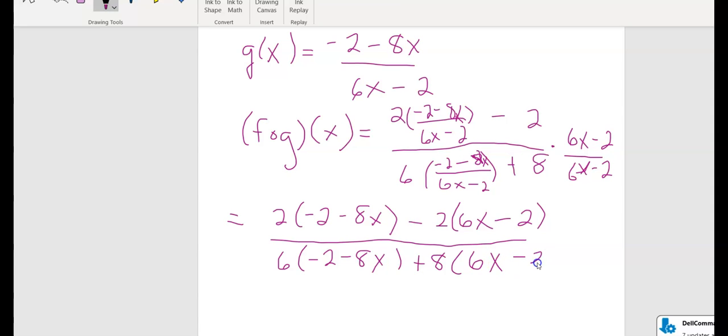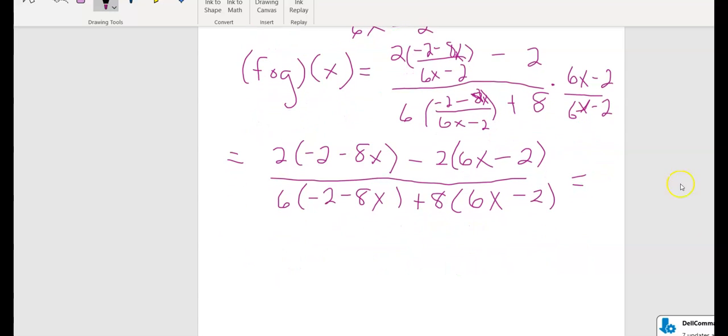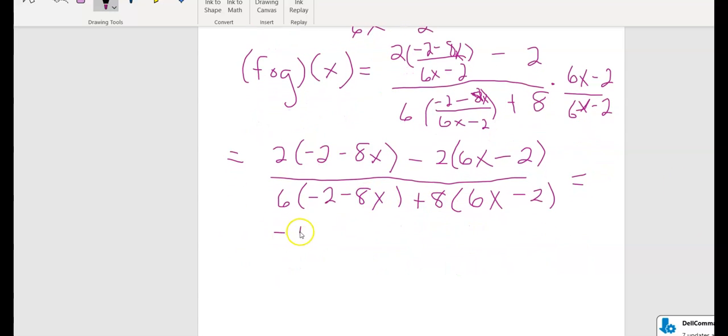And now, let's distribute this ugly looking thing out on the bottom and the top. So on the top, you're going to have negative 4 minus 16x and negative 12x plus 4.